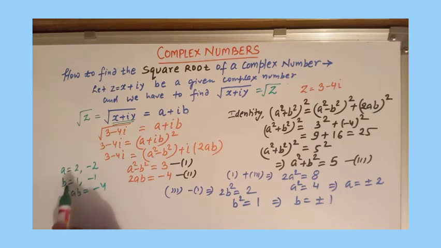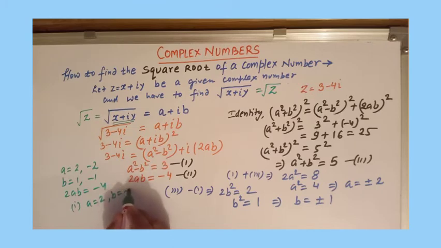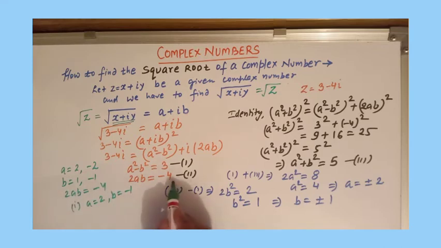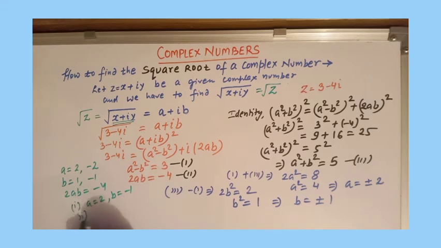So the first pair of values which satisfies this equation is a is equal to 2 and b is equal to minus 1, because 2 times minus 1 is minus 2 and minus 2 times 2 is minus 4. If we substitute these values in this equation, then this equation is satisfied. And the second pair is a is equal to minus 2 and b is equal to 1.